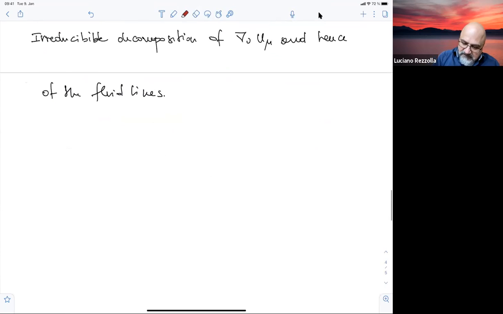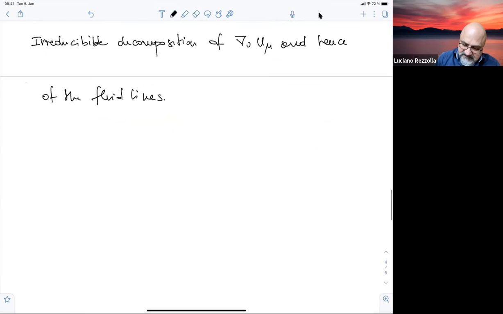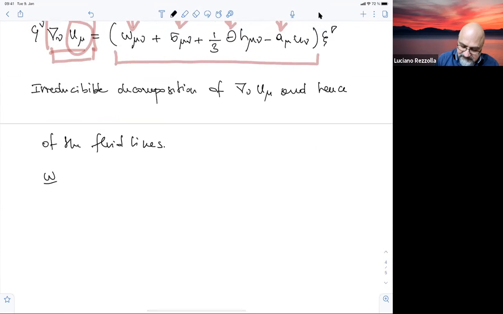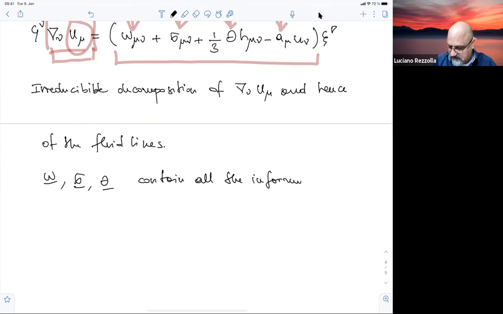So omega, sigma, theta contain all the information on the kinematics of the fluid.